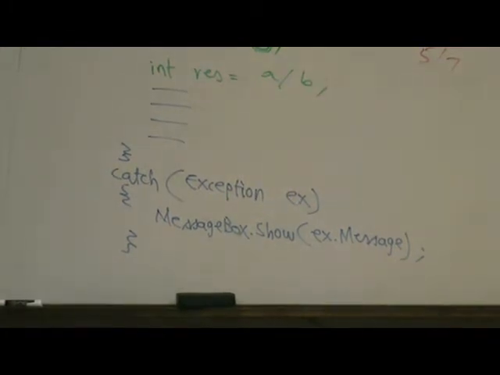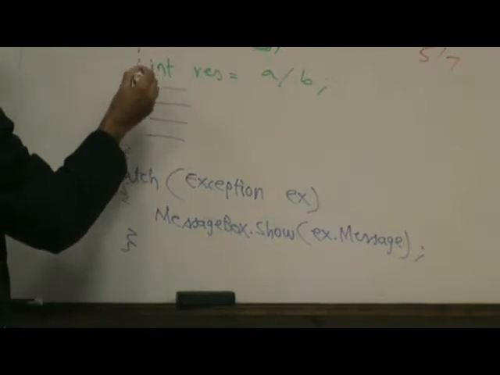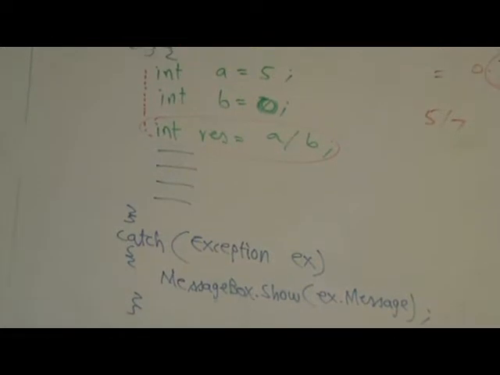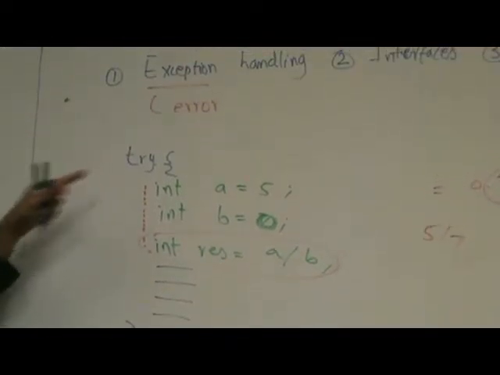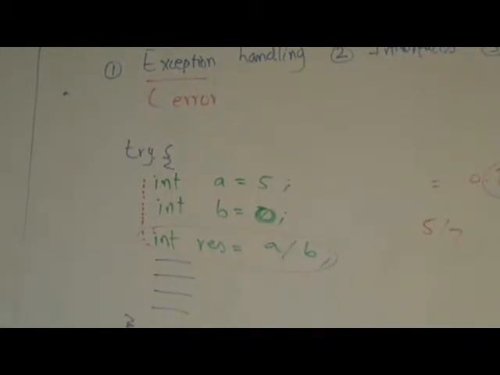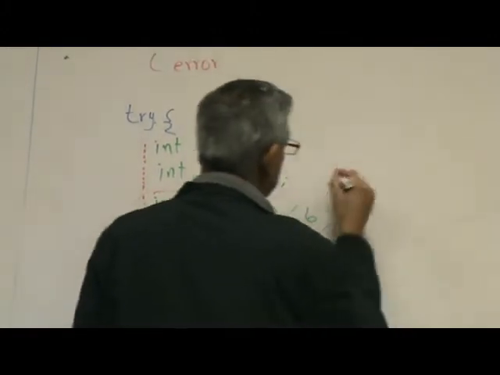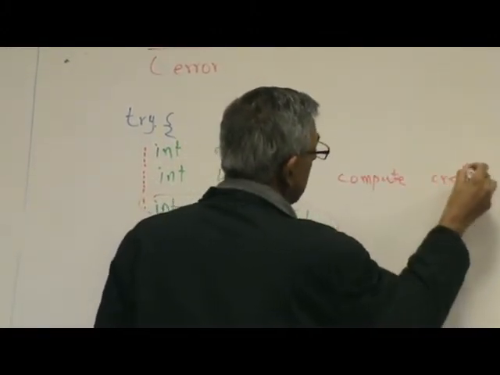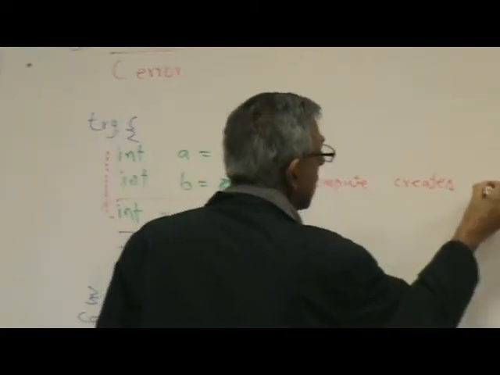Okay, so now let me explain how it works. The computer will start to execute, and once it comes to this line over here, obviously it runs into an error. Whenever there's a try-catch block involved and the computer runs into an error, the computer creates an error object, or you can say exception object.